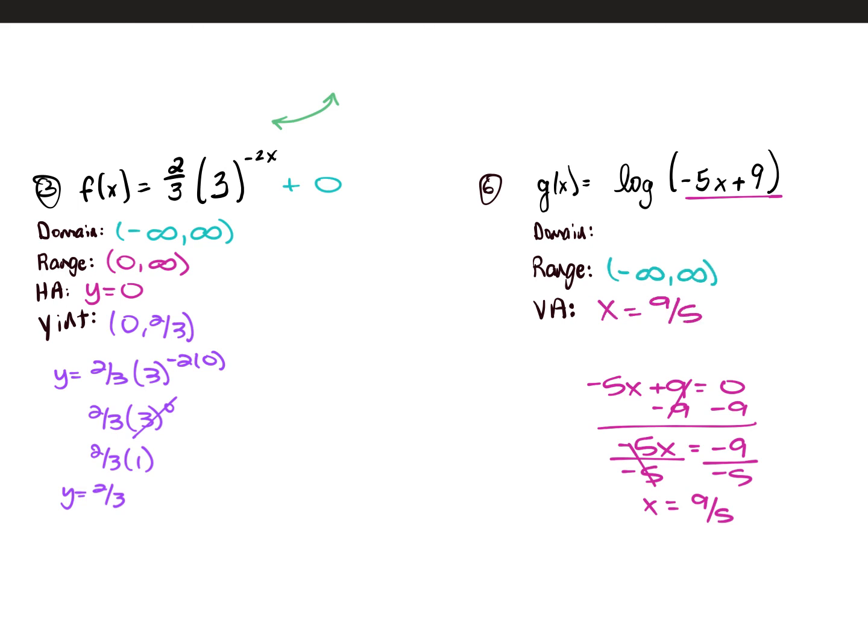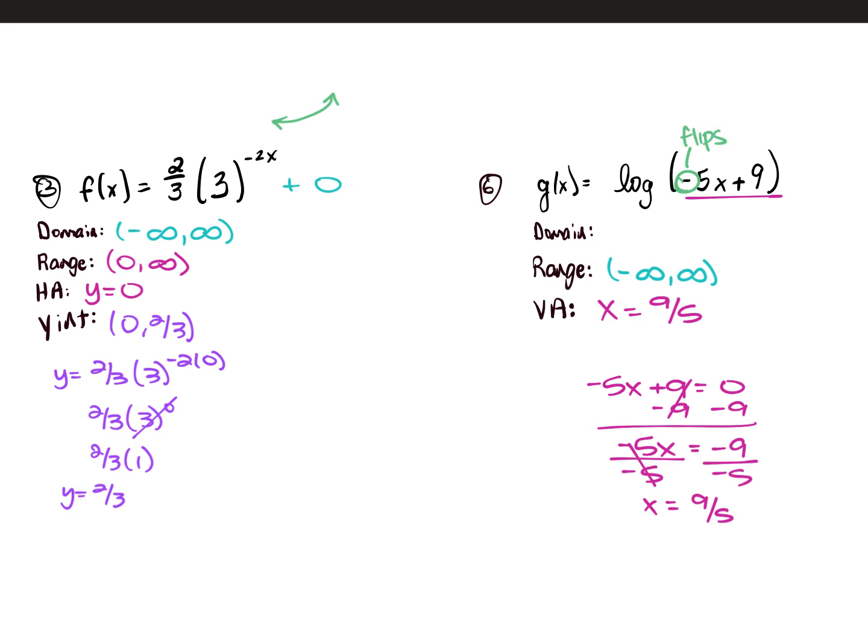Now, your domain is going to have the 9/5 in it. Whether it goes to positive infinity or comes from negative infinity, you've got to figure out. Look at the parentheses. You have a negative in front of the 5. Because that negative is in front of the 5, this flips.